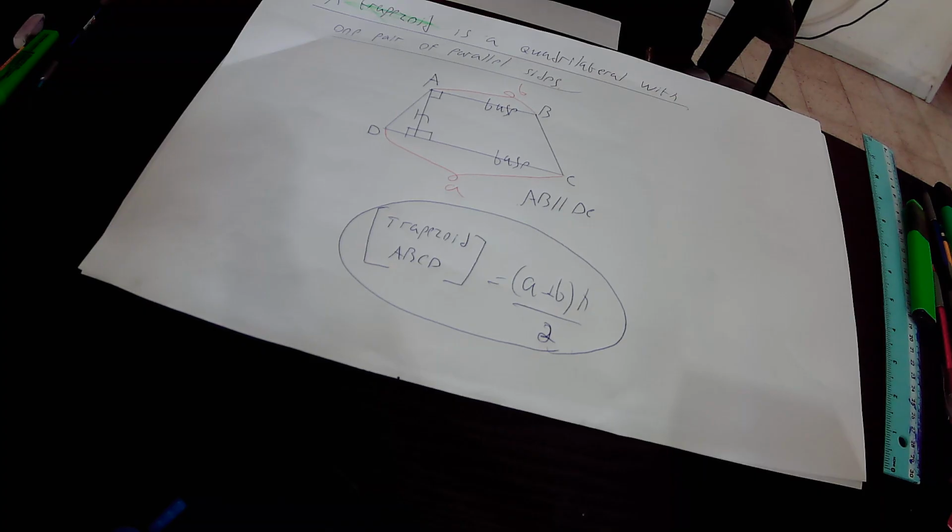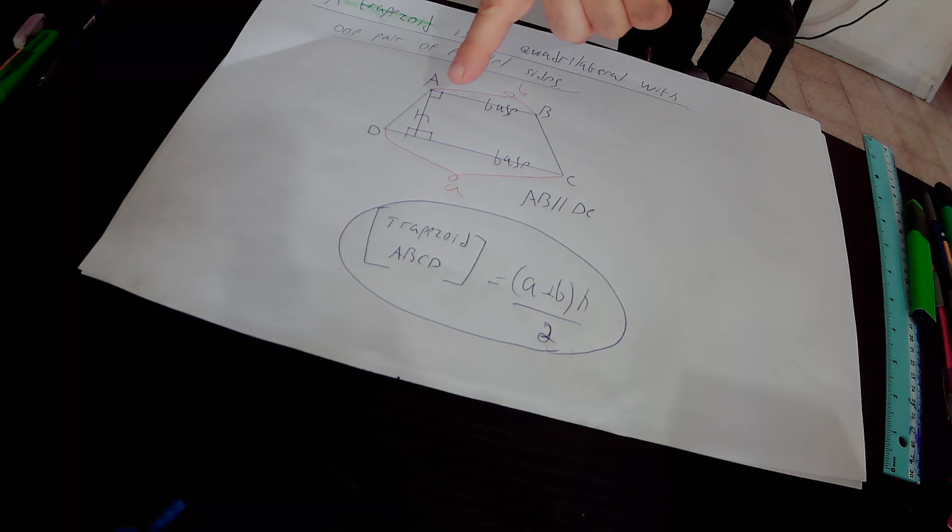So if we define the base AB as B and the base DC as A, then the area of trapezoid ABCD equals A plus B times edge over 2.